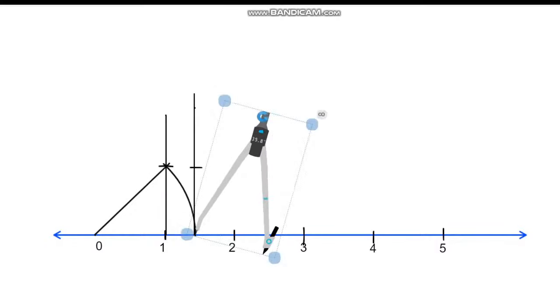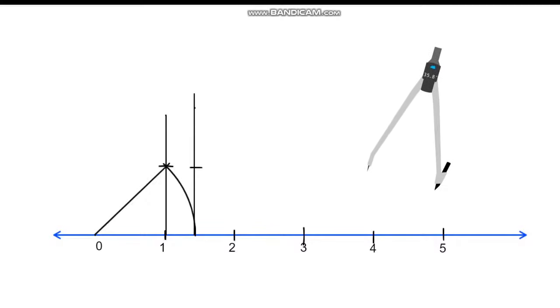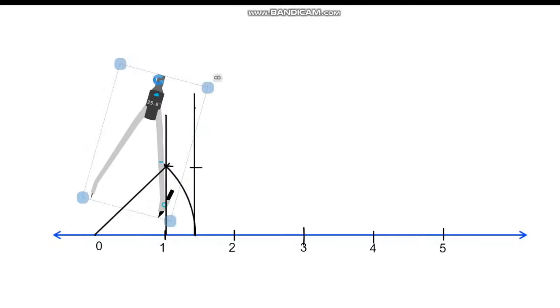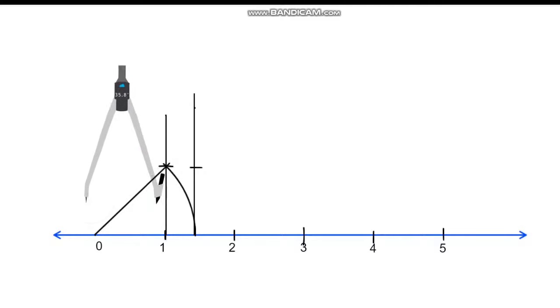Now again repeat the step: measure the distance between 0 and that point. Obviously we know by Pythagoras that it is root 3.